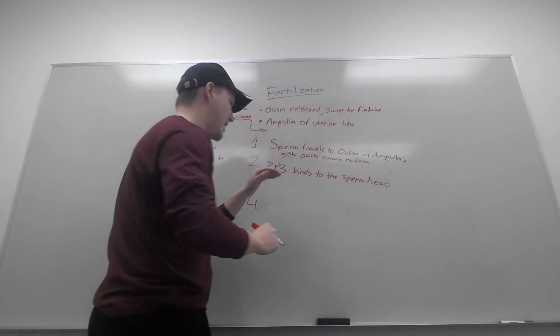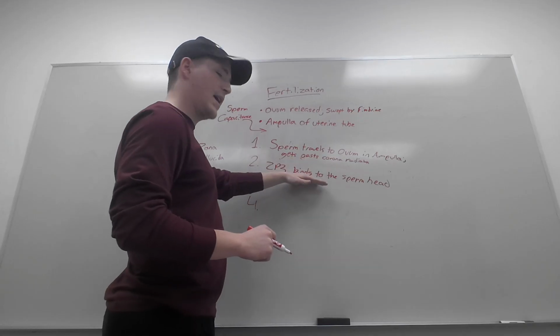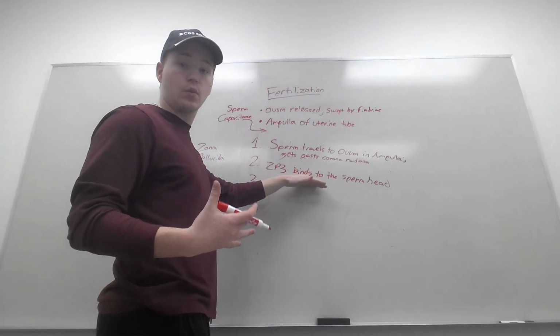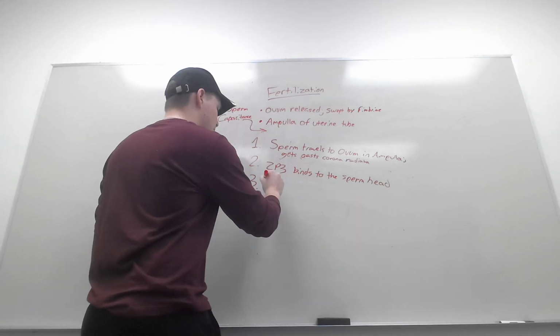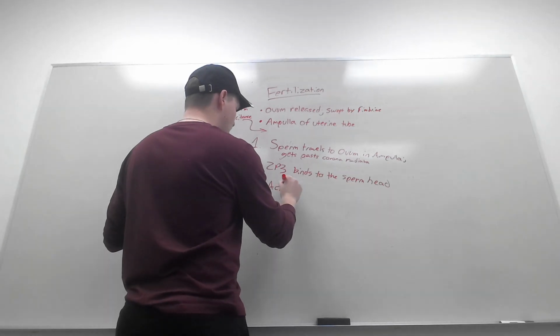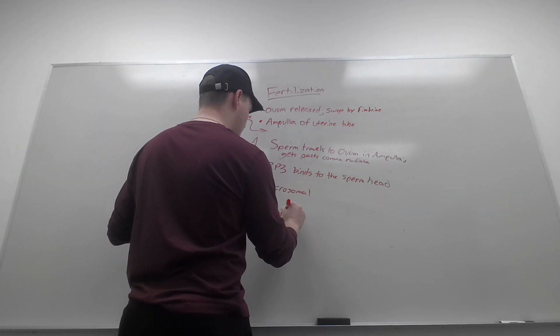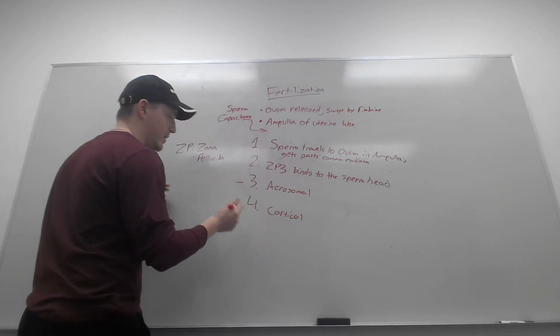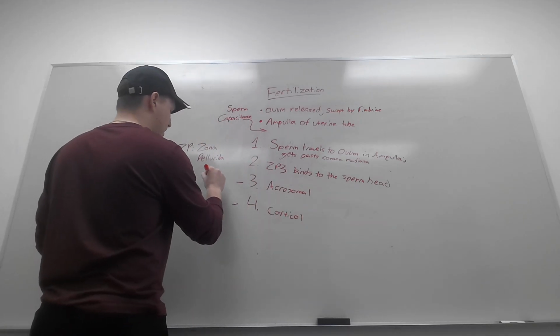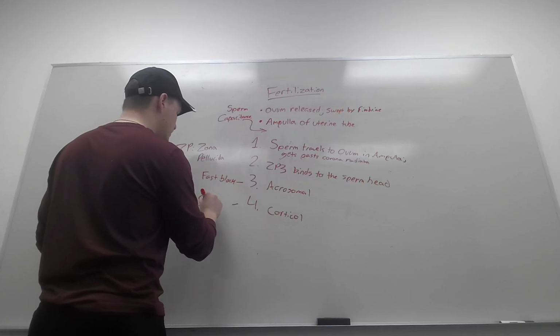So when that happens, when it's through the corona radiata and bound to the zona pellucida, what happens next? There are 2 reactions: the acrosomal reaction and the cortical reaction. We'll go through those in a second. These are also known as the fast block and slow block reactions. Why are they called that?